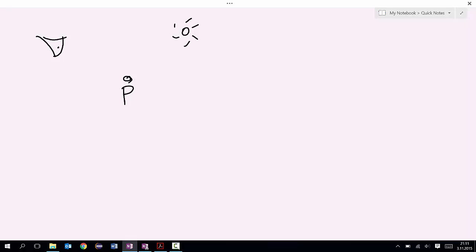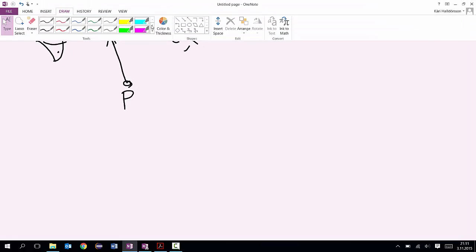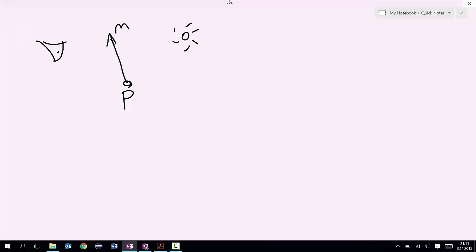So P has a normal, which we can call M in this case, doesn't matter though. The actual directions of these vectors don't matter in this case. In this image, we're just identifying what objects we are going to need to calculate.